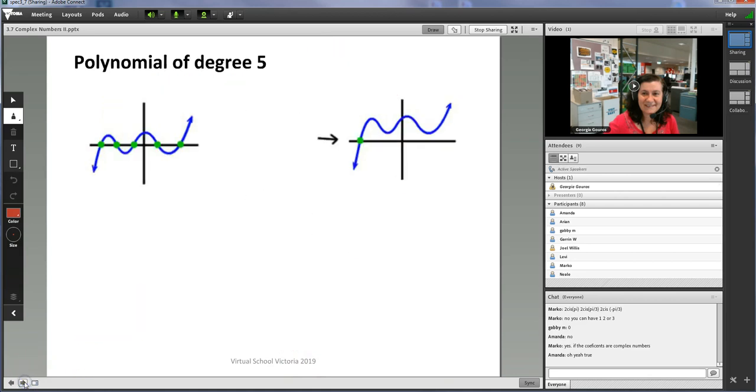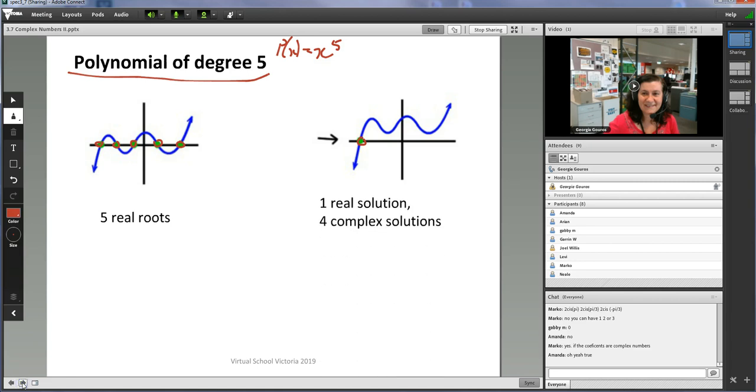Good fun. Okay, so this is just extending this idea. Polynomials of degree 5. That means that x to the power of 5 is the highest term in the polynomial. So they can look all sorts of different ways. We're saying we're going to have 5 real and complex solutions. So you could have 5 real solutions if you had lots of intersections happening. You could have one real solution, but you've got 5 complex solutions. Okay, so just keep that in mind.